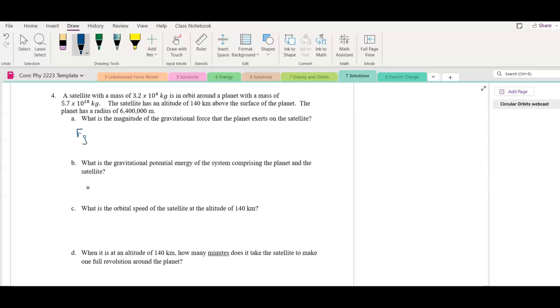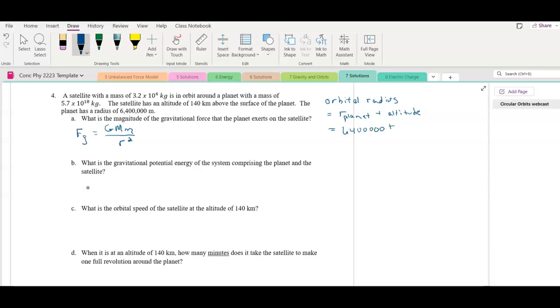Gravitational force, that's G times the product of the masses divided by the distance between them squared. I better find the orbital radius. They didn't give that to me, and I'm probably going to need it here. So that's going to be the radius of the planet plus the altitude. So the radius of the planet in meters is 6,400,000.